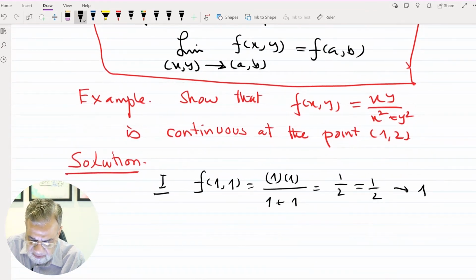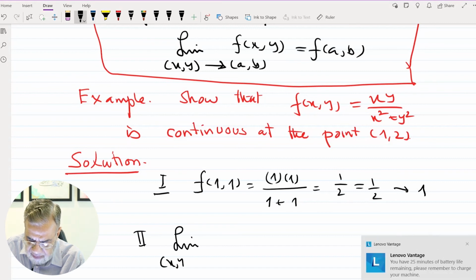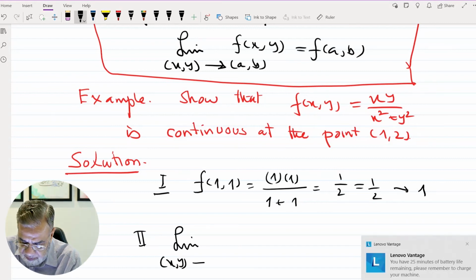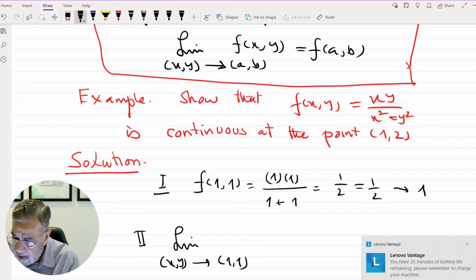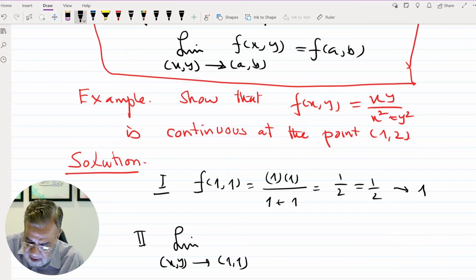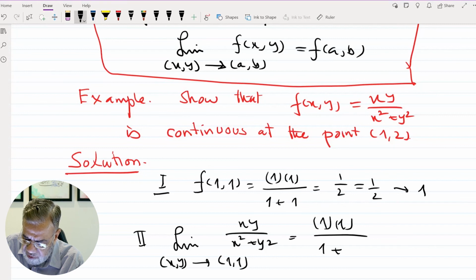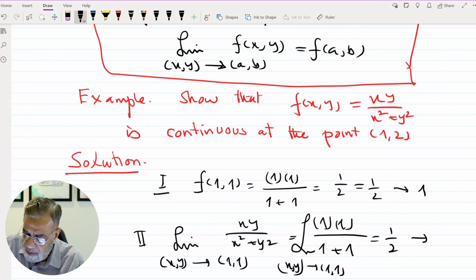Number 2, we find the limit. We have the limit of the function at the point (1, 1), xy over x squared plus y squared. So we get 1 times 1 over 1 plus 1, which is equal to 1 over 2. We have the limit here as (x, y) goes to (1, 1), so this is 1 over 2, this is my number 2.